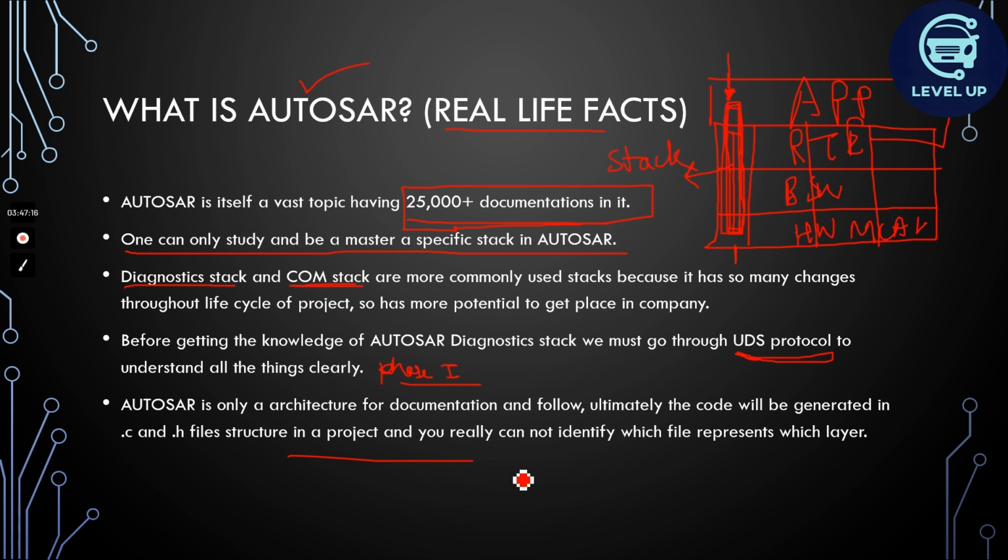And a huge number of .c and .h files will be generated inside any one AUTOSAR project. When you go and check a particular .c and .h file, it is not possible to identify which layer, or which section of the layer, it belongs to.